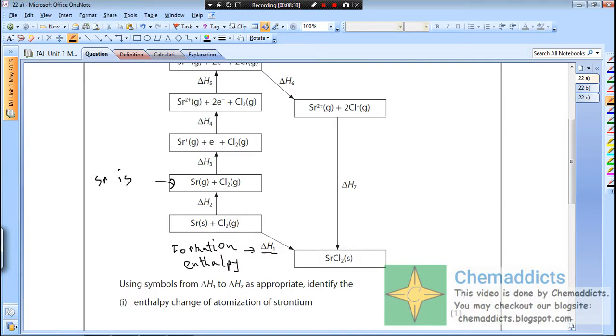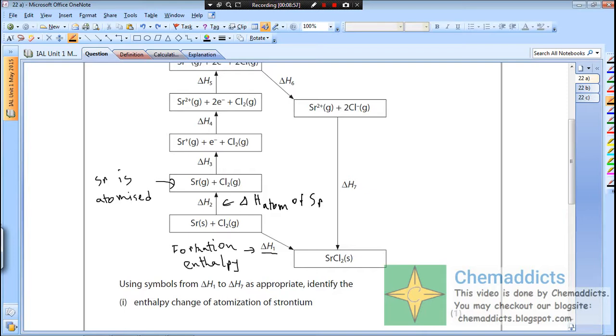Sr is atomized here. Okay, since strontium has been atomized, this should be the enthalpy change of atomization of strontium. Let me write this in another way: del H atomization of strontium.